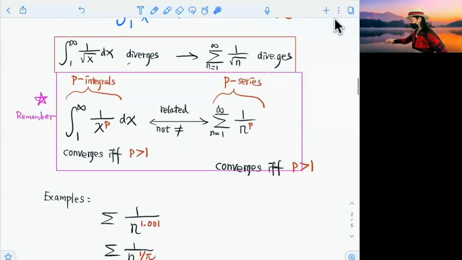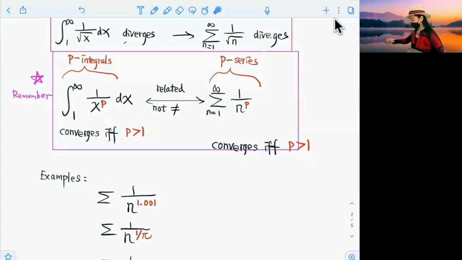Now let's try some examples, to see if you understand what I'm talking about. Let's look at this series over here. Is this a P series? Yes. P is 1.001. Converge or diverge? Good, everyone got this right. Converge. Sometimes I use CONV for converge.